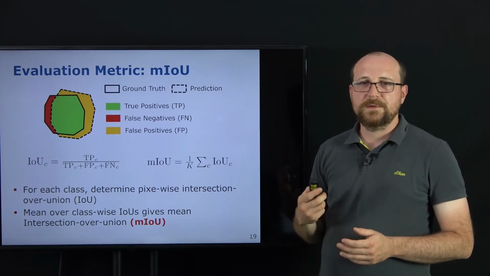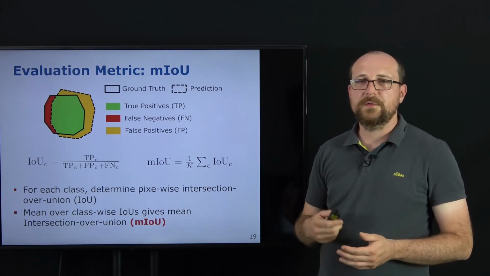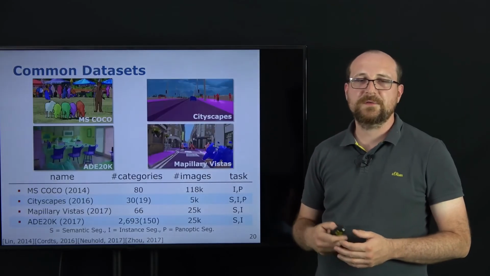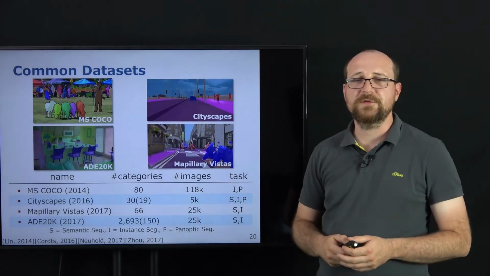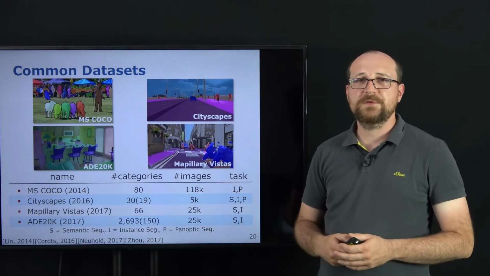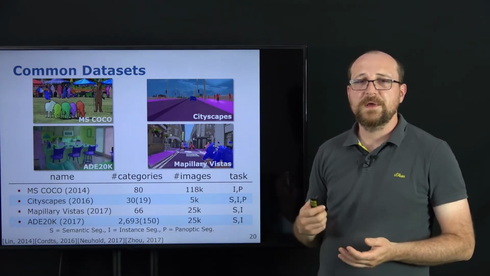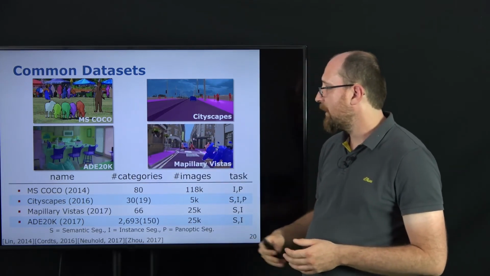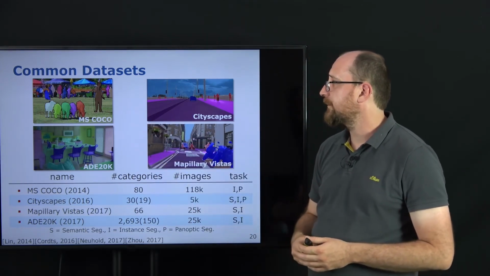And this is then, of course, also then applied to different data sets and common data sets for doing semantic segmentation, but also panoptic segmentation or instance segmentation. For instance, here the MS COCO data set, which features 80 different categories.